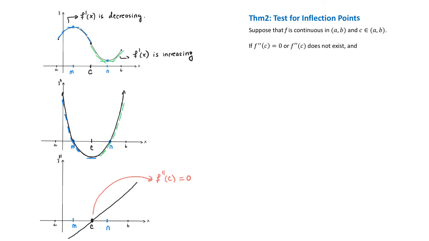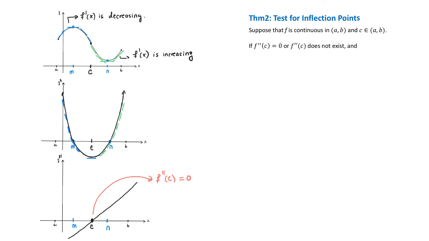Now, I want to make a note then that inflection points do not only happen where the second derivative is equal to 0. If we say that the second derivative at a value of x is equal to 0, we are assuming that the first derivative exists. In other words, we are assuming that the function is differentiable at the value of x where the inflection point takes place.